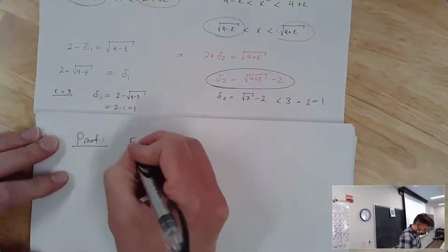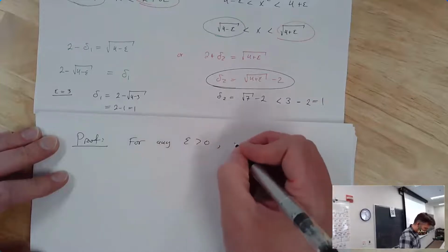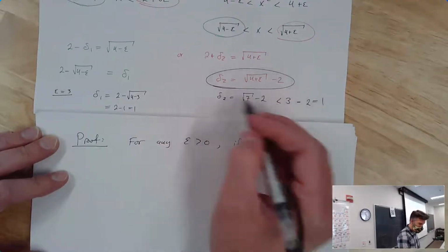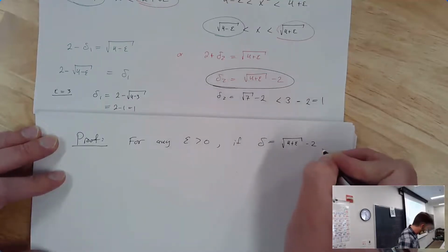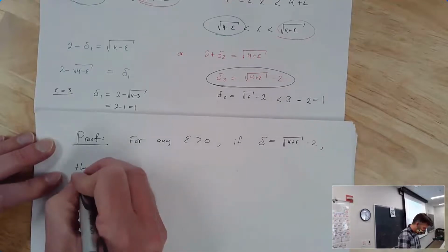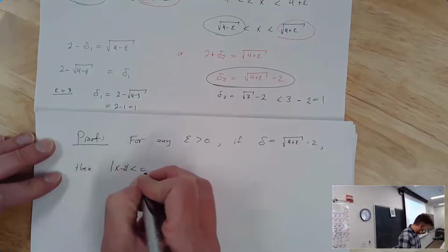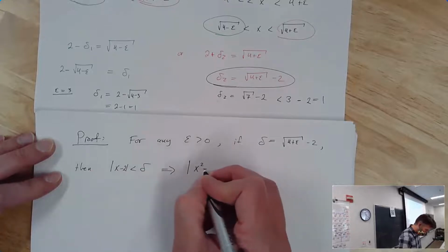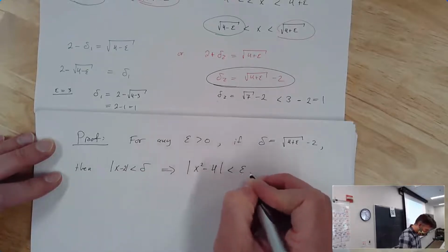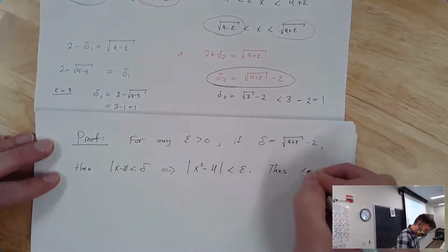For any epsilon greater than 0, we can see that if delta is equal to the thing we just found, the square root of 4 plus epsilon minus 2, then it is true that the absolute value of x minus 2 less than delta is going to give us that f of x minus the limit is less than epsilon. Thus, the limit as x approaches 2 of x squared equals 4.